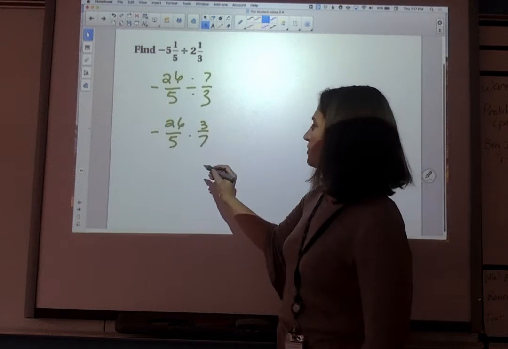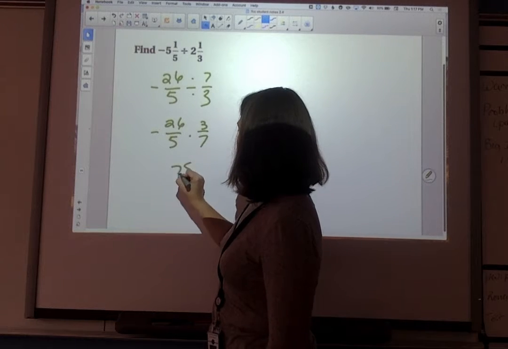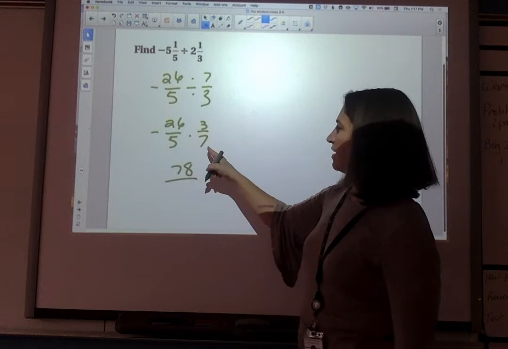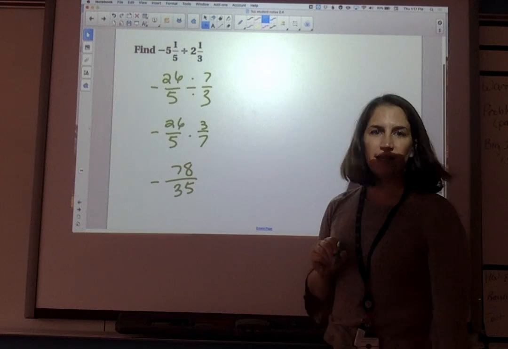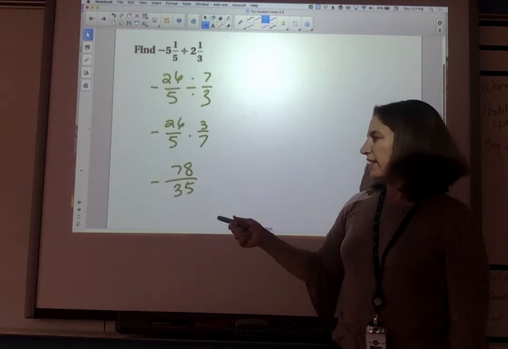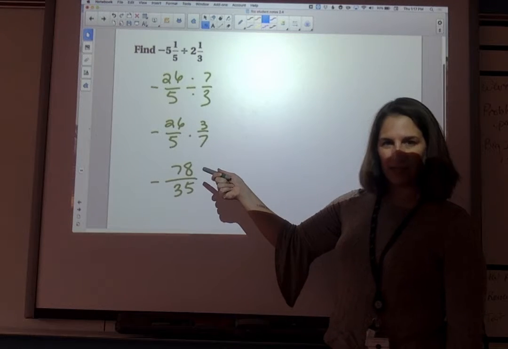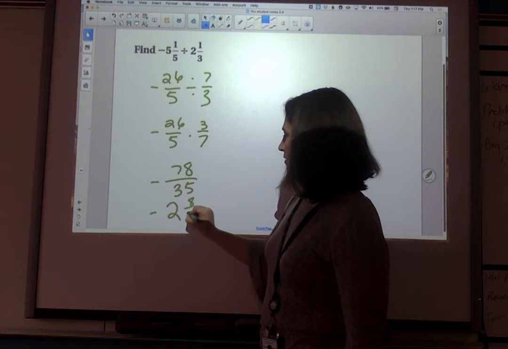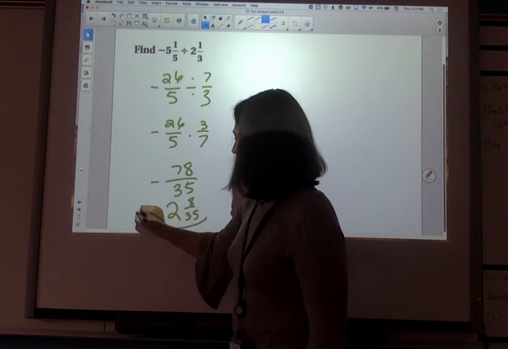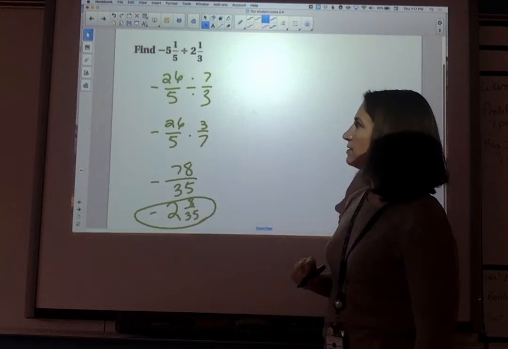So 26 times 3 would be 78. And 5 times 7 is 35. So this is negative 78 over 35. I can look at this and see 35 would go into 78 twice. So that's negative 2 and 8 35ths.